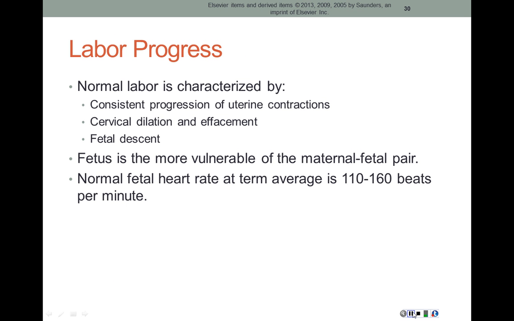The fetus is now the one who is traversing a more dangerous path. So one of the things we have to remember is that a normal fetal heart rate for a term baby is 110 to 160. And in the next chapter, when we talk about how the fetus responds to birth, we'll talk more about how we can look at the fetal heart rate and determine if something may not be right.